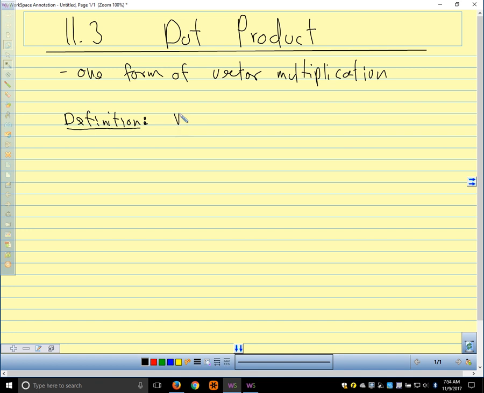All right, our definition. V in component form is V1, V2, V3. I'll just jump straight to a three-dimensional vector. And U is U1, U2, U3.